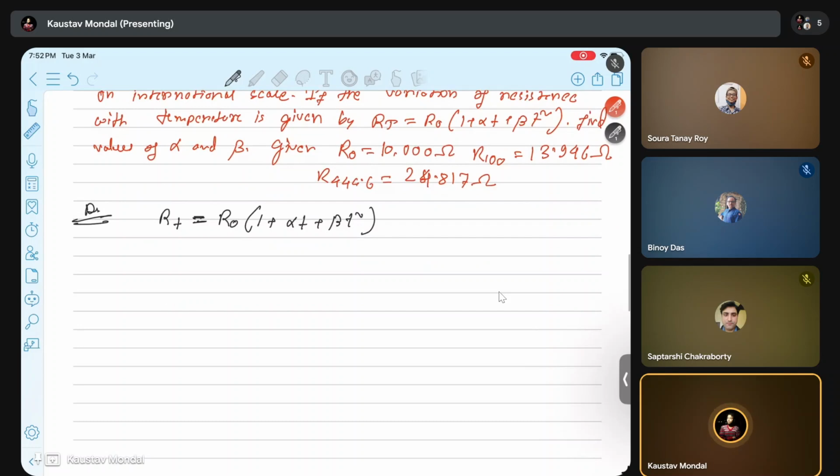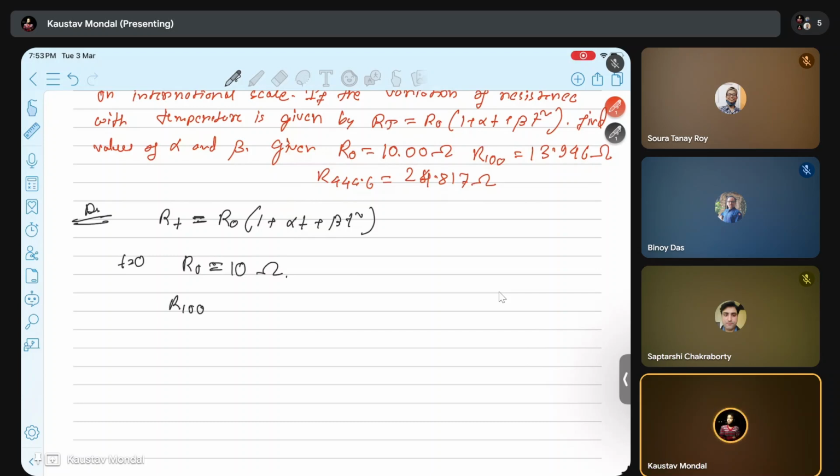So R0, that means at T equal to 0, R0 is given by 10.0 ohm, okay, sorry, it's actually 10 ohm.